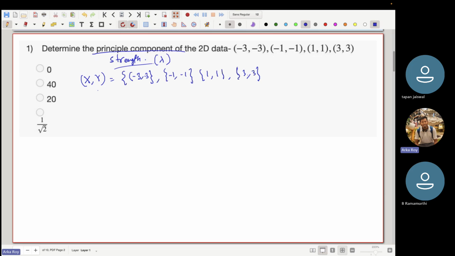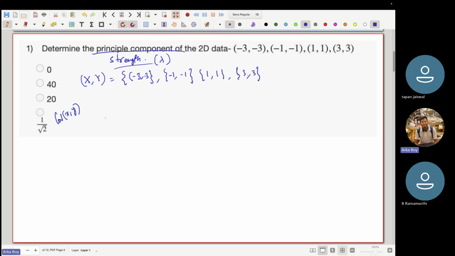We know that to find the principal component, or to get the PCA analysis, we have to calculate the covariance matrix. So we have to calculate the covariance of x comma y.